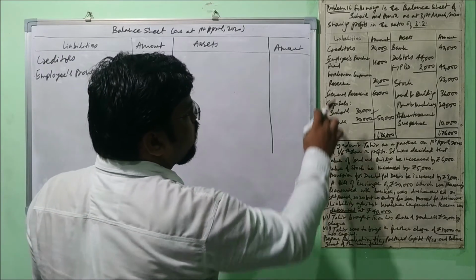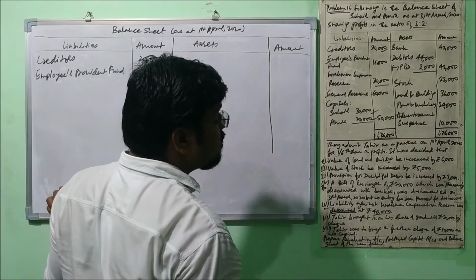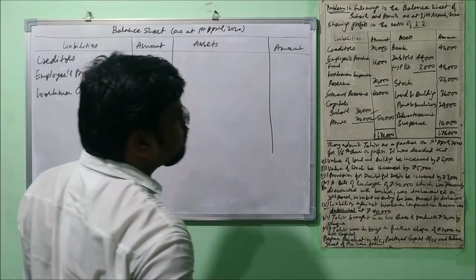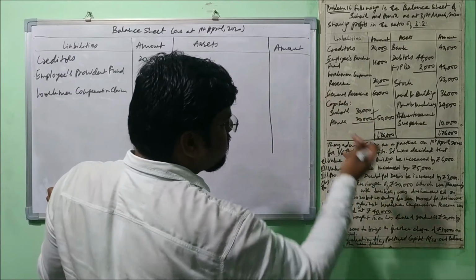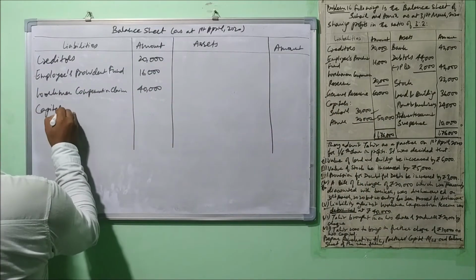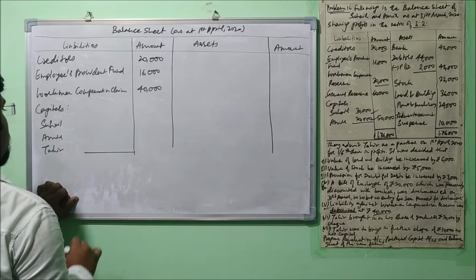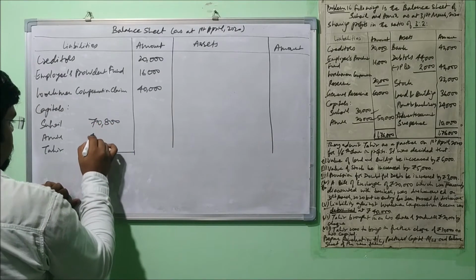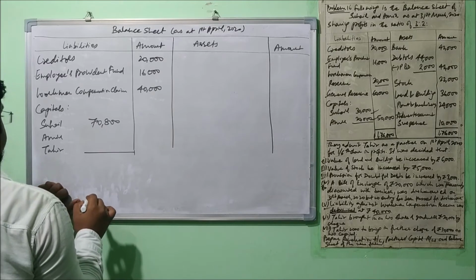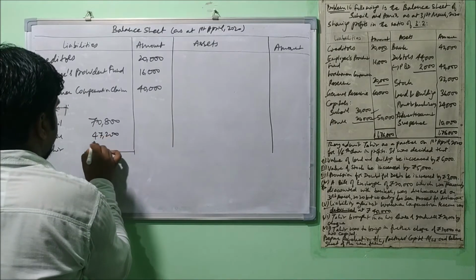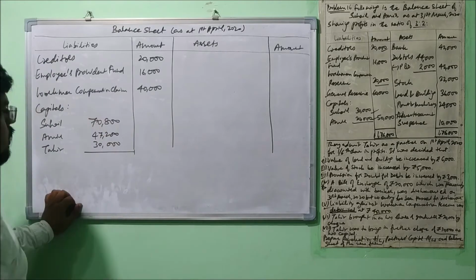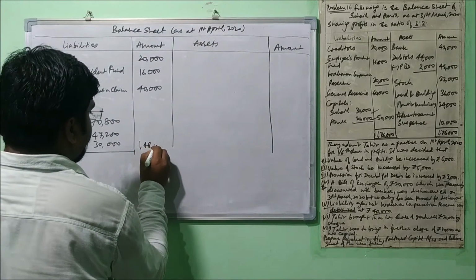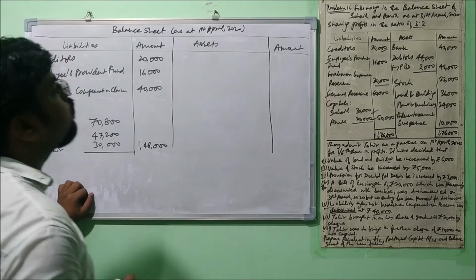This workman compensation reserve does not exist, but the claim exists of 40,000. Fine. General reserve does not exist, but the capitals exist. They changed value. Now the amounts from the capital account you can put: 70,800, 47,200 and 30,000. You can see in the partners' capital account. The total comes out 1,48,000.